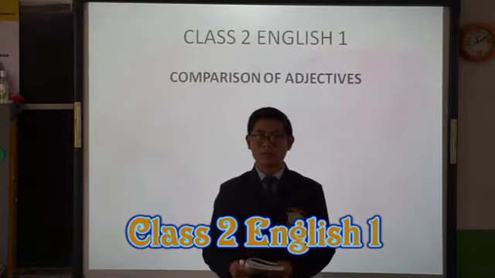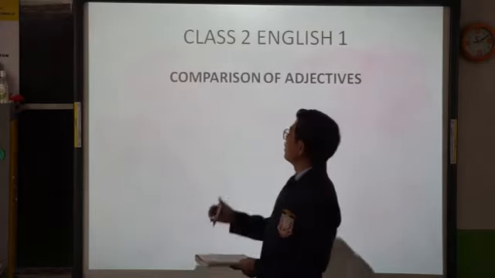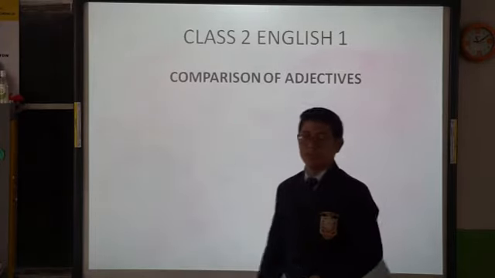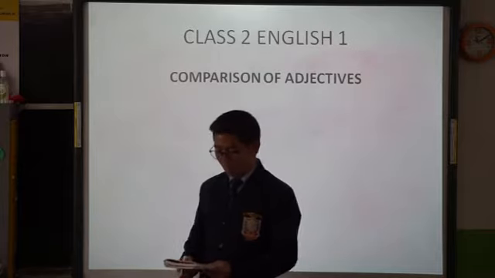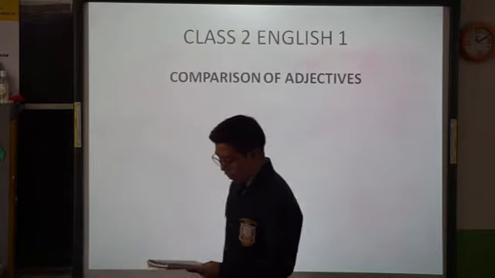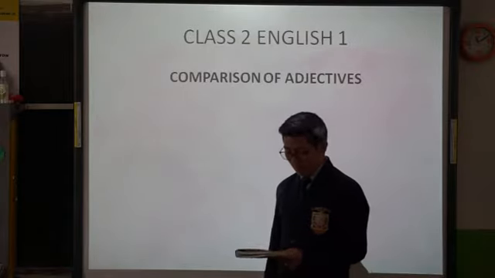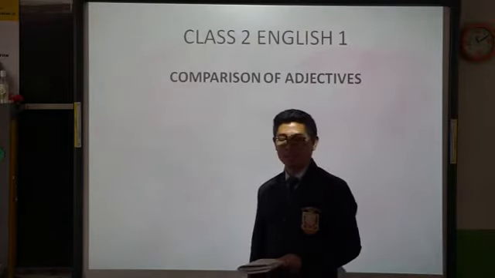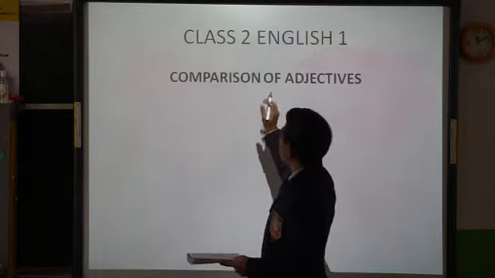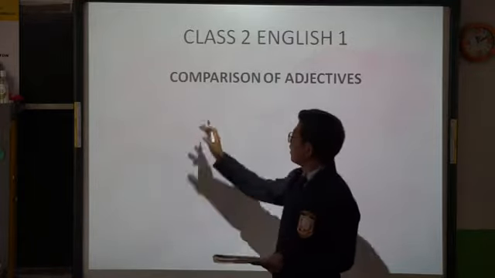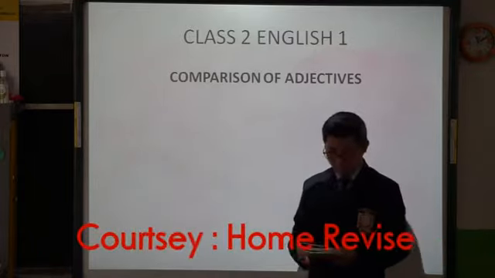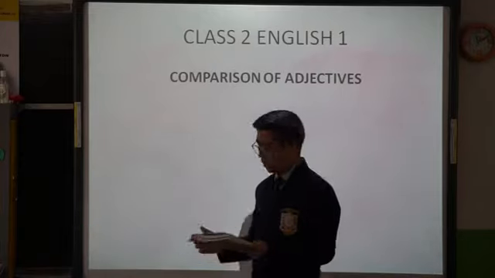Today we are going to discuss the topic of comparison of adjectives. So let's see what that is. We use different forms of adjectives to show comparison. There are 3 degrees. We also say degrees of comparison or comparison of adjectives. So there are 3 main degrees.